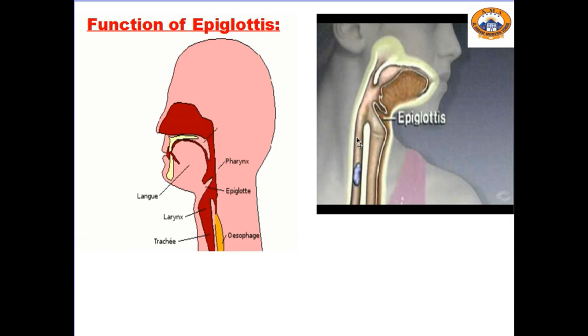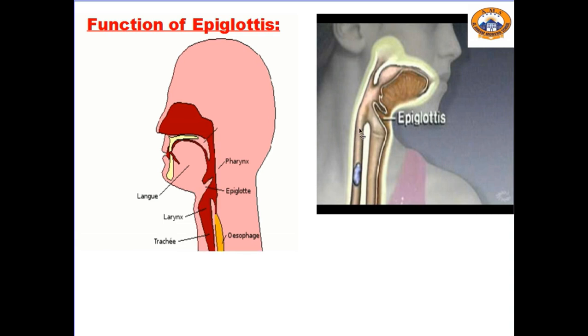That's why you have to swallow the food slowly, because if you are eating or swallowing the food fast, you are not giving enough time for the epiglottis to close, and this may cause you to cough very hard.